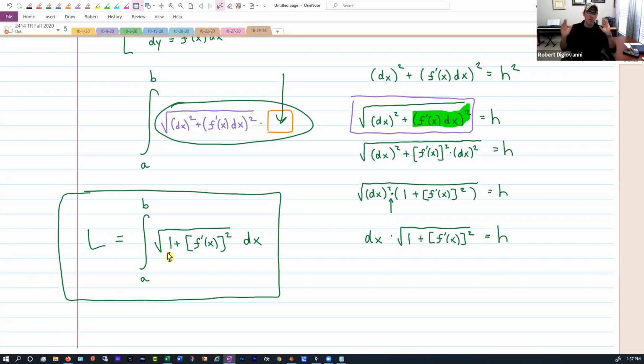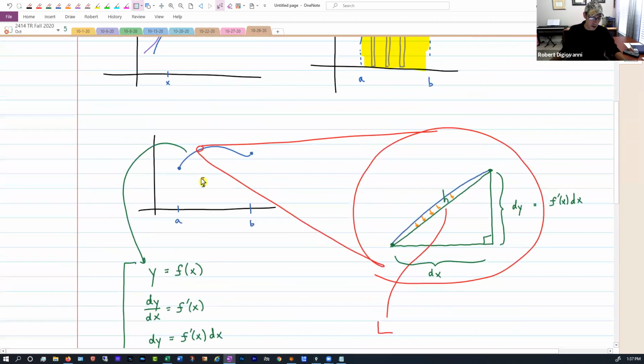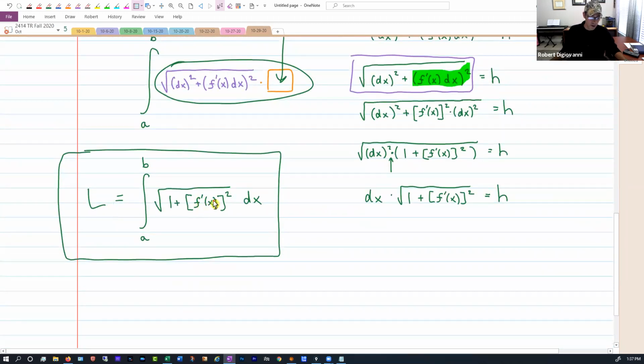Beautiful. So if somebody gives us a function and they want us to calculate the length of the curve, then what we're going to need to be able to do is take the derivative of that function, square it, add 1 to it, take the square root of it, and pray that we can integrate it. Because this integral might turn out to be not good.